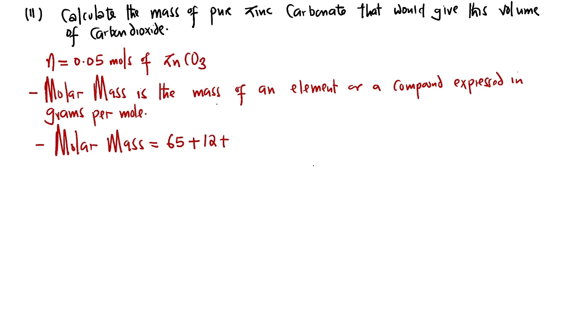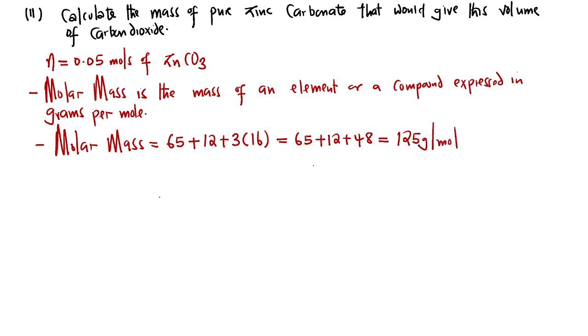Then I've got 3 oxygen there, so we're going to write 3 times the mass number for oxygen, and that is 16. So this is going to be 65 plus 12 plus 48, when you multiply 3 times 16. When you add 65 plus 12 plus 48, that is going to give us 125 grams per mole.